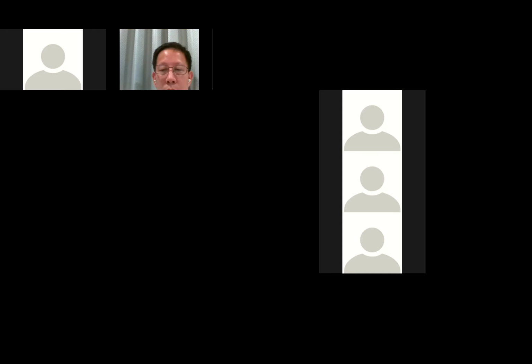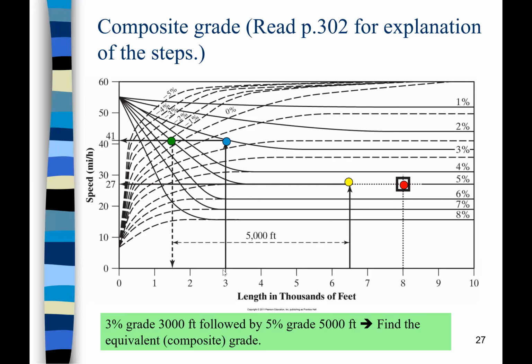Man, this is not cool, to switch back and forth. So the first 3,000 feet right here meets the 3% grade. Why do I know this is the 3% upgrade? Look, there's a dash and a solid line.